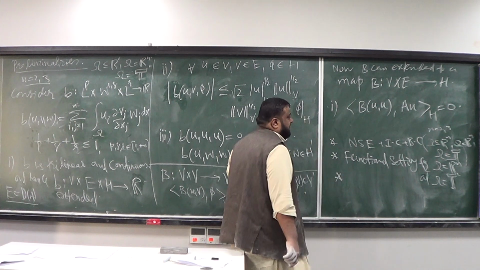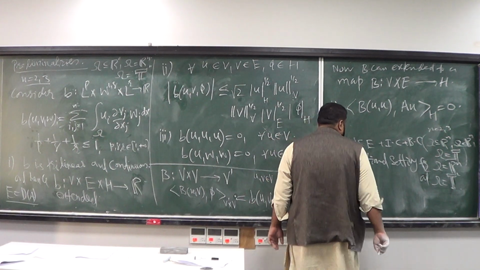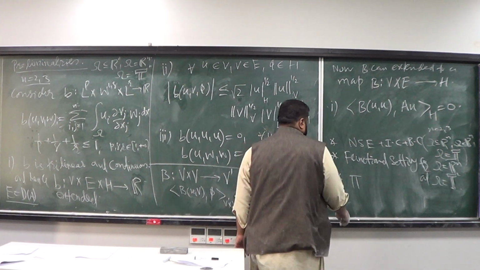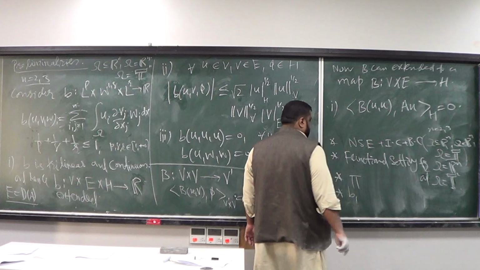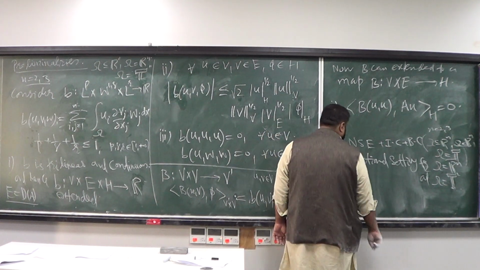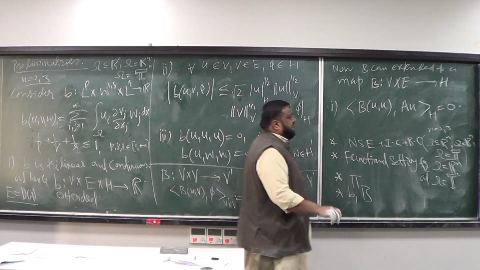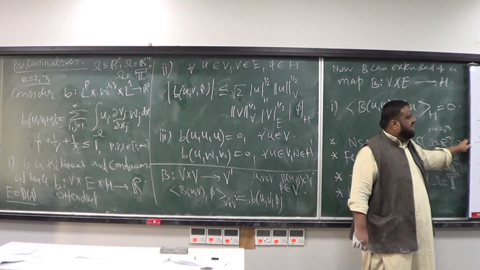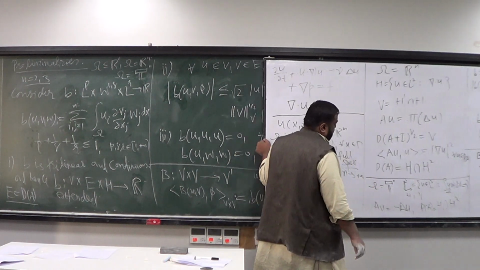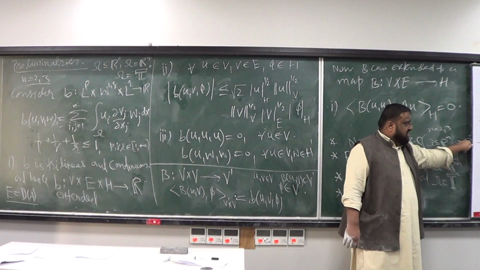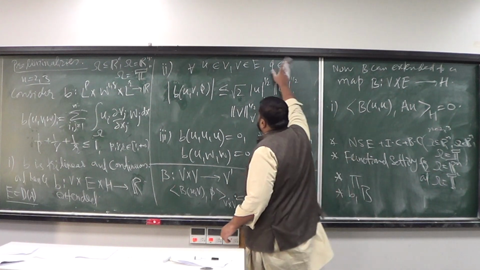And then I also defined this Leray-Helmholtz projection operator, and I talked about some of its properties. I also defined the trilinear map B and the linear map capital B, and wrote some properties of them. All this information is basically here, so whenever I need to quote it, I'll just quote it from here. Okay. So what is next?